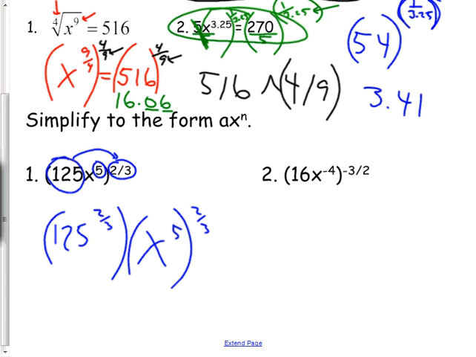And then this would become cube root of 125 is 5. 5 to the second is 25. X to the, what would you put? How do you multiply 5 and 2/3? Put this over 1. Now multiply the tops, multiply the bottoms. 10 over 3, 10/3.